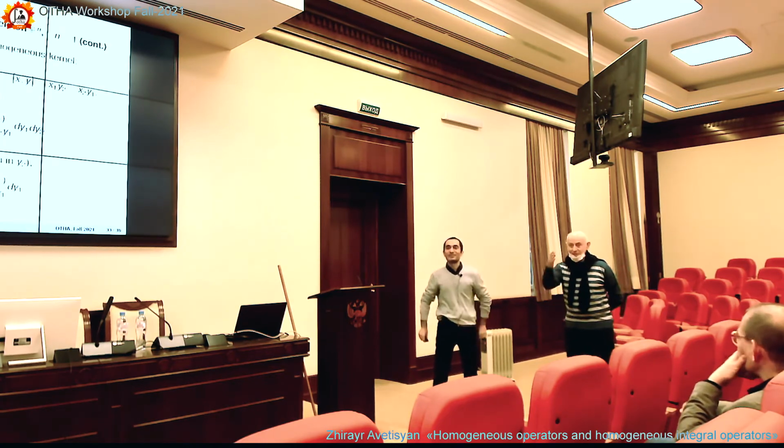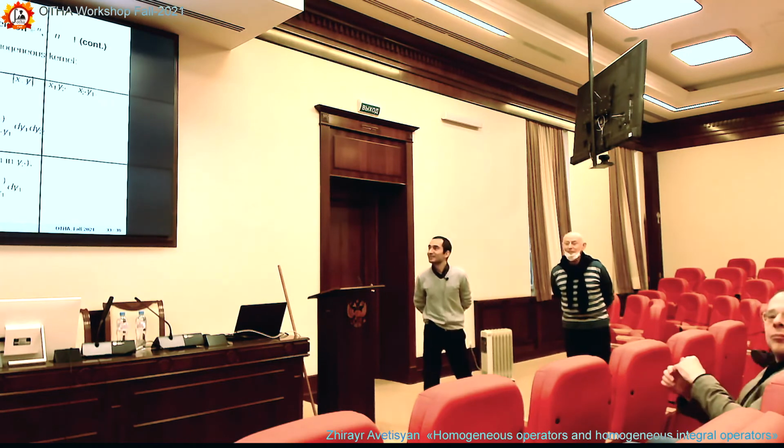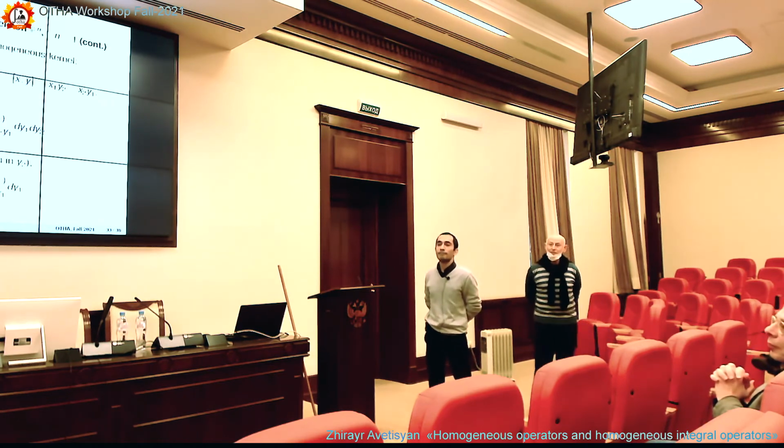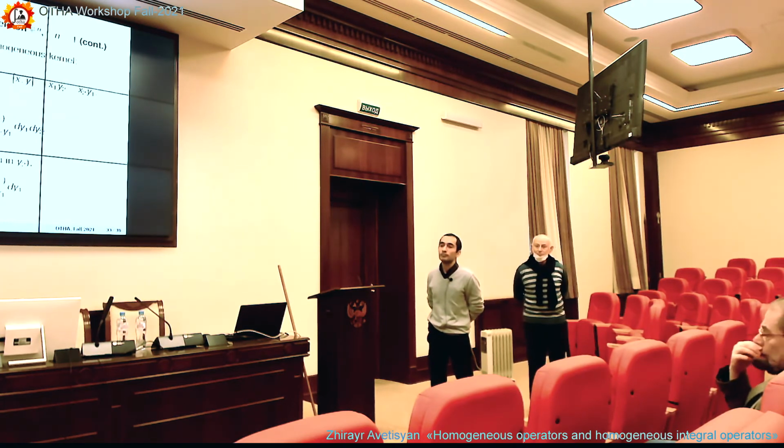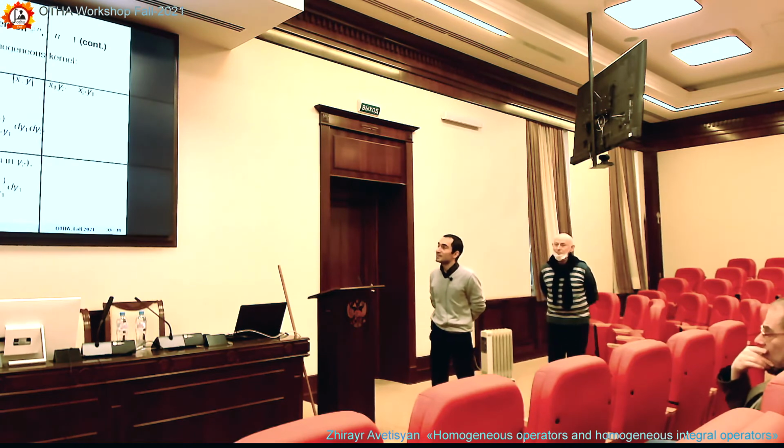More questions? Yes. You mean that this integral operator is simple to write down, but not studied before? We haven't seen it studied so far. But again, this is something we did pretty recently. So if you know everything about this, we are absolutely glad to hear about it.